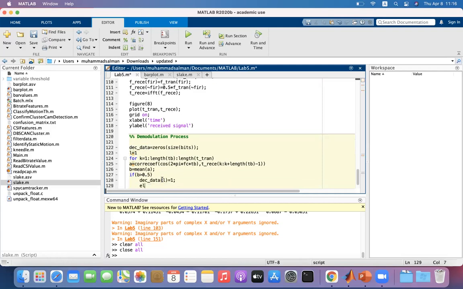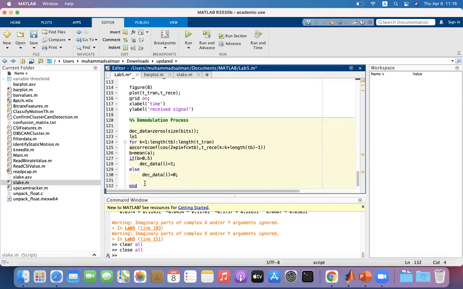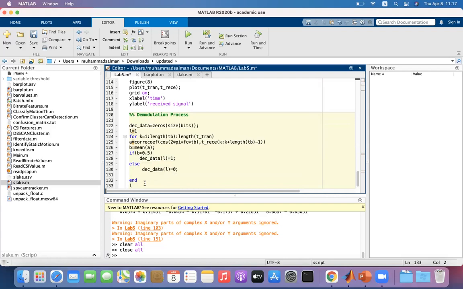Else, if it is not greater than 0.5, then again copy the same line, paste it, and set it to 0. Is this clear? So keep doing it, and after the if condition is finished, say that L is equal to L plus 1.